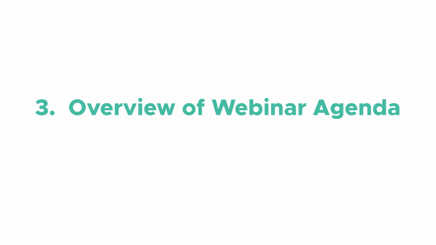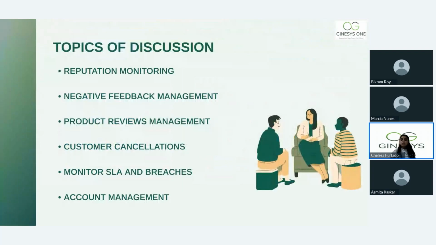So getting into our topics for today, the first thing we'll be covering is reputation monitoring. This basically means complying with all the rules and guidelines set by the marketplaces, and making sure you provide good customer service to all those who buy your products. Secondly, negative feedback management, that is how you deal with negative feedback.